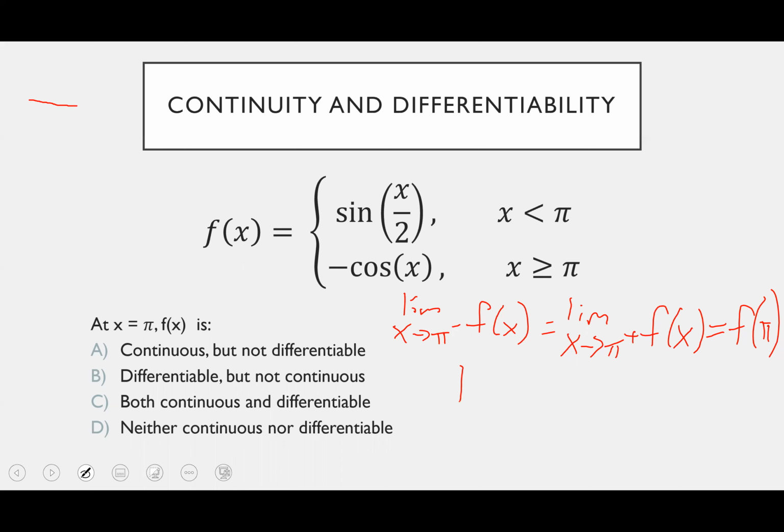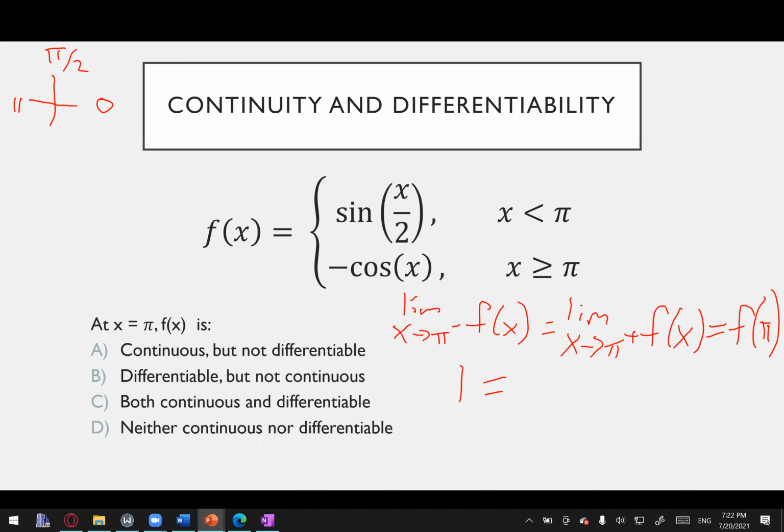And then if I plug in pi, this will be the cosine at pi. I've got the negative on the outside here that's going to stay. But the cosine at pi is my x value.